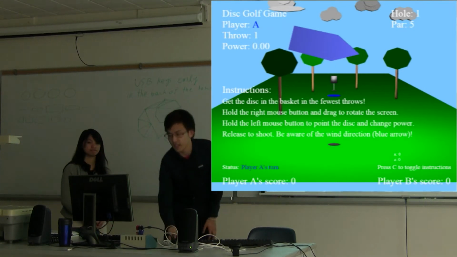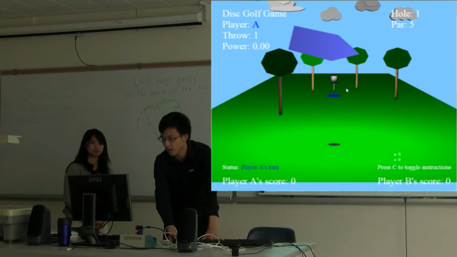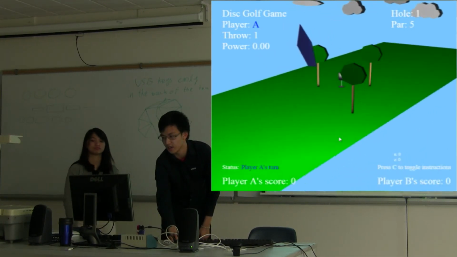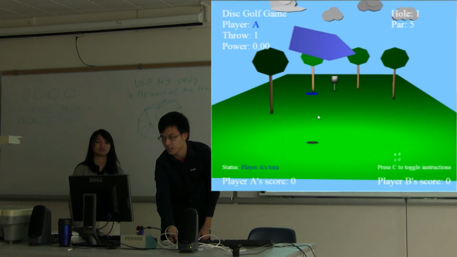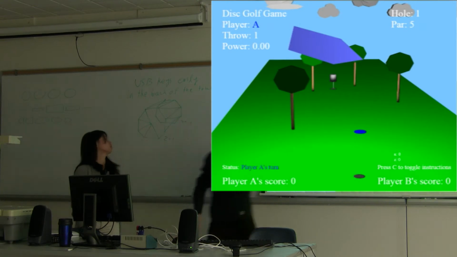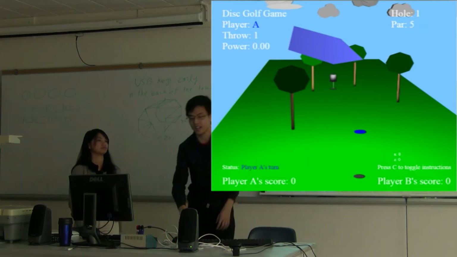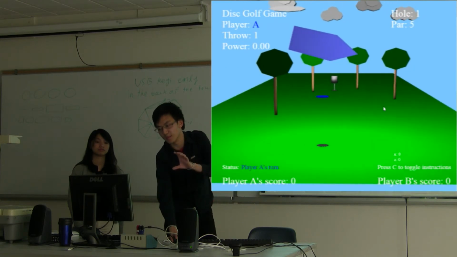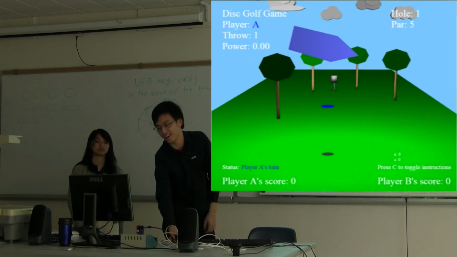So we can explore again. Like Julie said, with the right click, you can rotate around, and if say your disc lands somewhere way over there, you can rotate and find your disc again. The camera follows the disc, but sometimes it just goes way off.